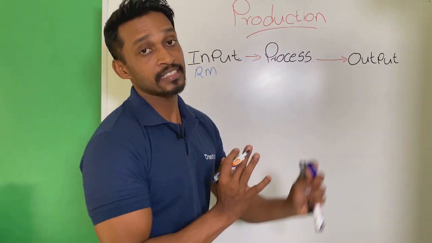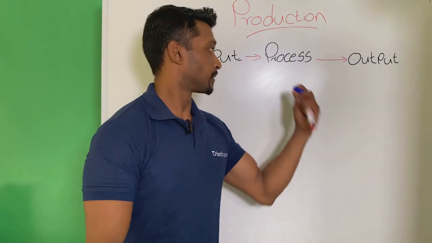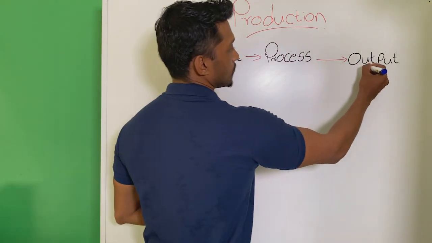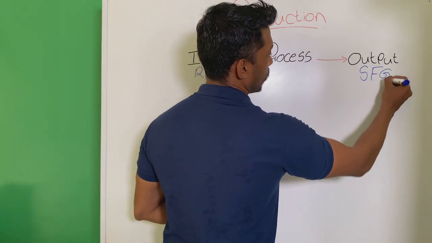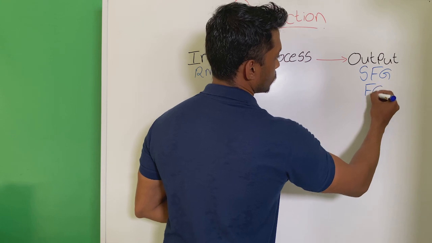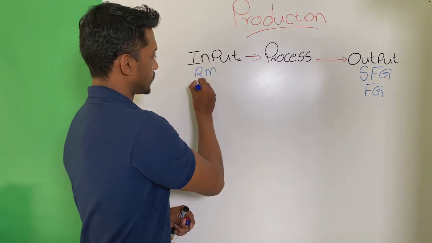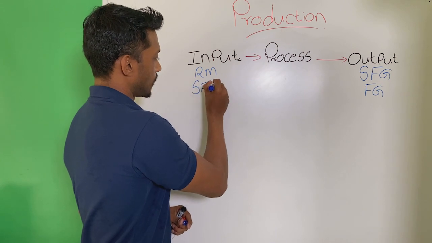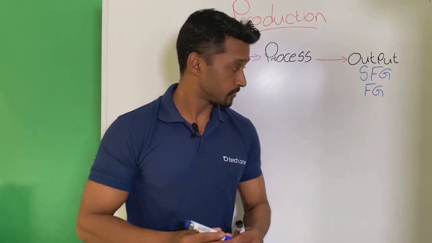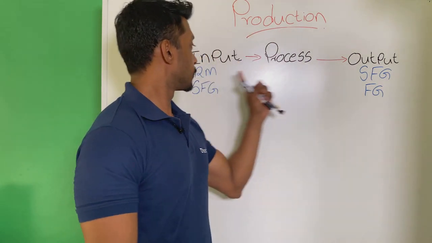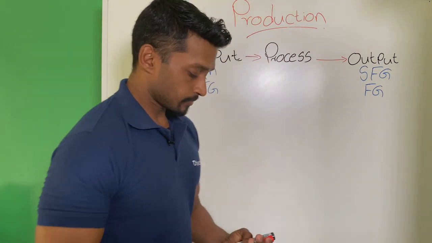Likewise, there are different stages based on the business scenario. Depending on the business scenario, the output might be semi-finished good or finished good. In the input stage, we can also have semi-finished good. So if you have different stages in your production process, sometimes your input can be finished good.